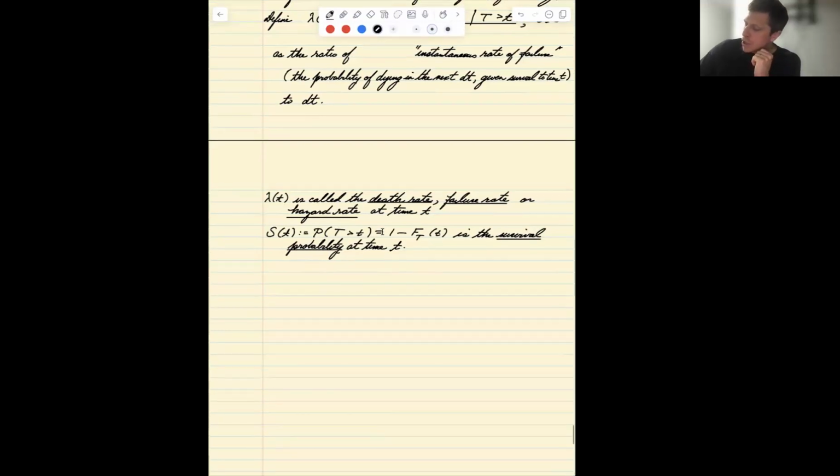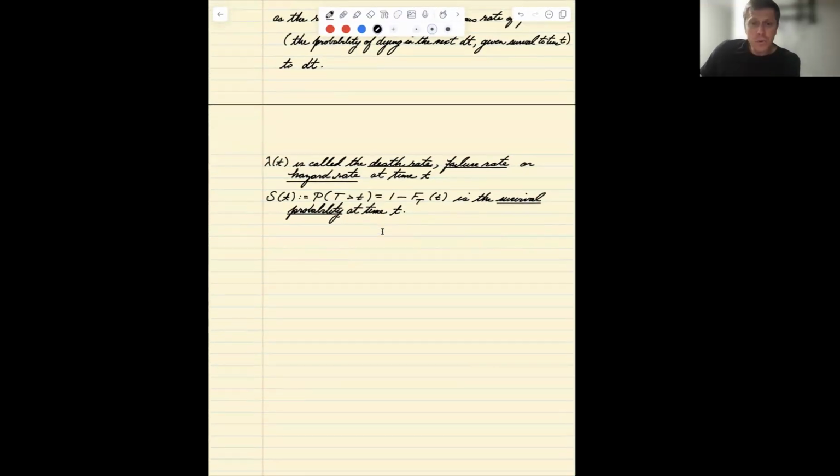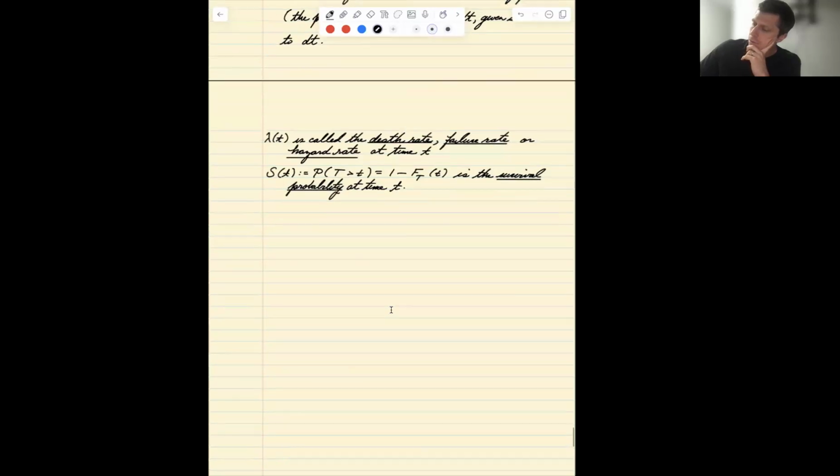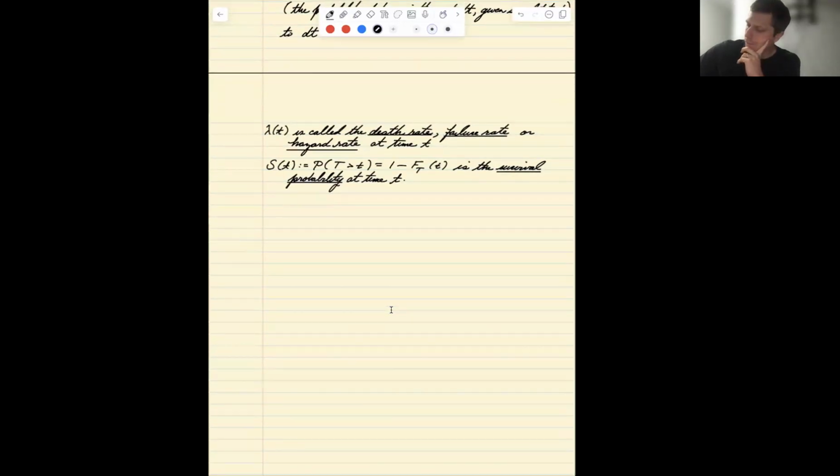That's a little terminology. What we want to look at now is how we can relate the hazard rate, or failure rate, to the survival probability.